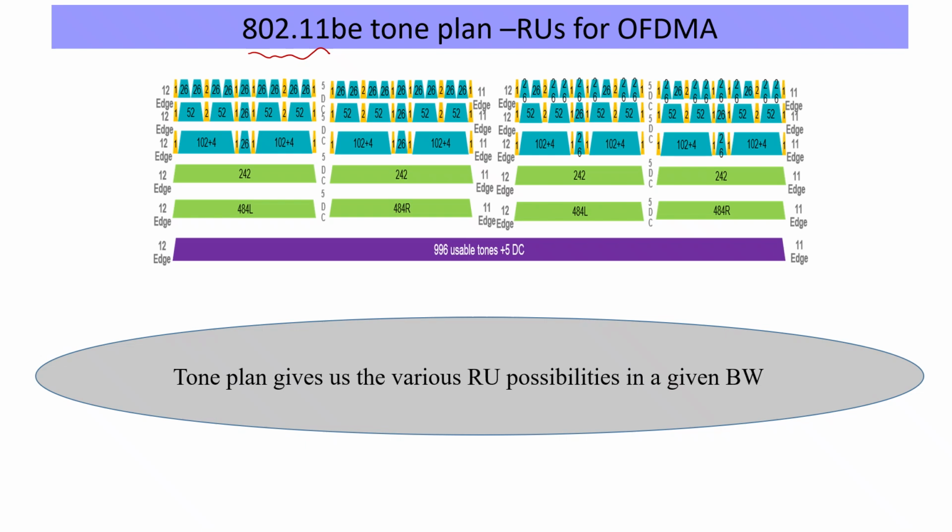tone plan, which is how you divide the bandwidth into various size RUs. The minimum size remains at 26 tones, approximately 2 megahertz, but you also have other options like 52, 106, and so on and so forth.